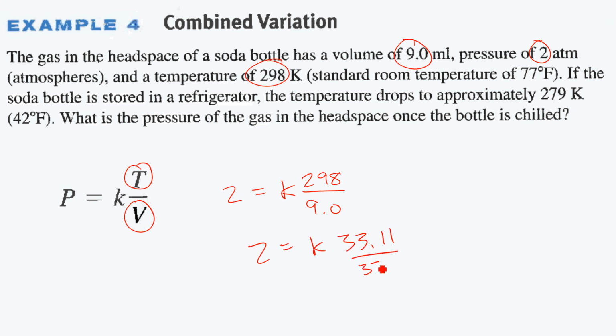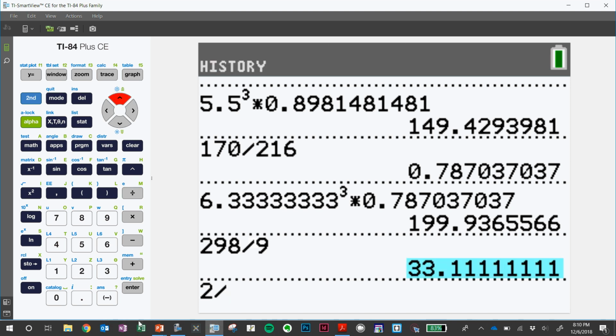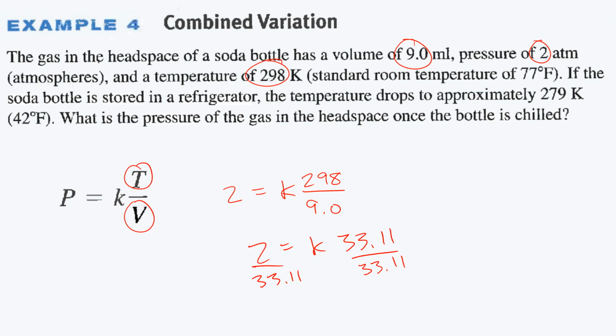We'll divide both sides by that. We're going to say 2 divided by the answer we just got. And so 0.06 is what K equals. And so now we're going to figure this out again. What is the pressure of the gas? We're solving for pressure. We've got 0.06 is our K. In the headspace, once the bottle is chilled, so we drop down to 279 Kelvin.